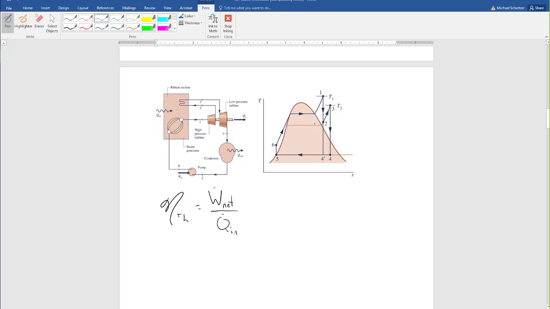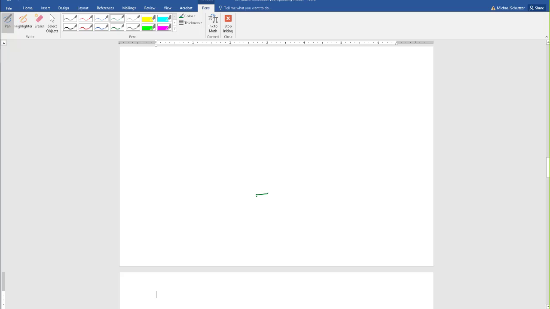And we already found that there are 3 places where we have work or power involved and 2 places where we're adding heat. So I can more generally call this, and I like to color code things, so, oops.